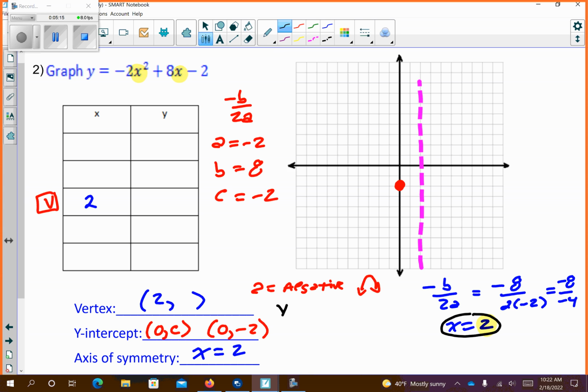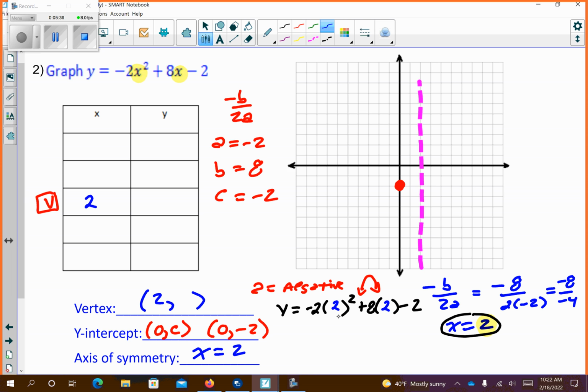So I know I have y equals negative 2 parentheses squared plus 8 parentheses minus 2. Where those parentheses are in that new equation is where x used to live. And we're going to plug 2 in to each of those now. Does that seem to make pretty good sense?